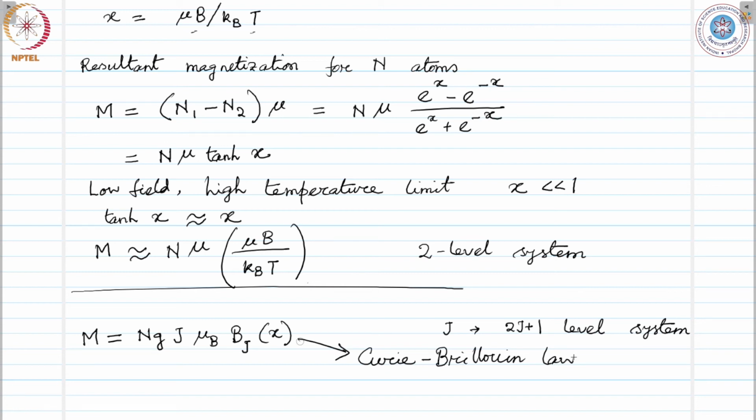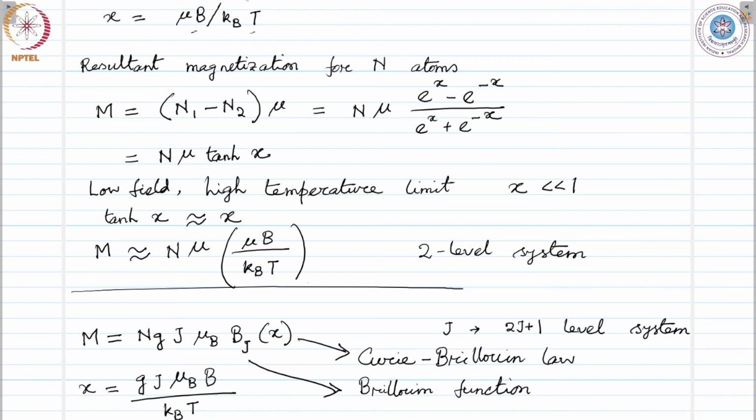We have introduced a new function here and a new quantity x. X is given as g J mu B times the magnetic field over kB T, and B_J, this function, is called the Brillouin function. Now, this Brillouin function is defined in the following way.